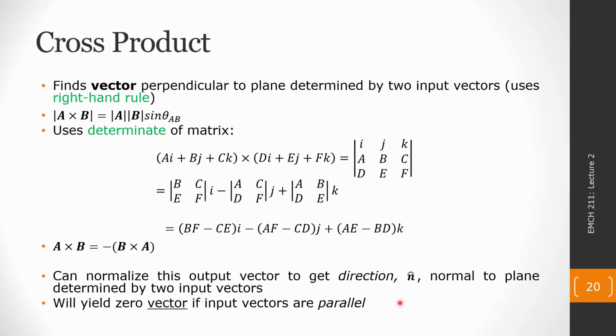So if at the end we're getting 0i plus 0j plus 0k, that meant that the two vectors that we put into the cross product were parallel. So just as the dot product can be a quick way to check, are these two vectors perpendicular to each other? Well, is their dot product 0? We can use the cross product to quickly determine are two vectors parallel. When we cross them, is their cross product 0?